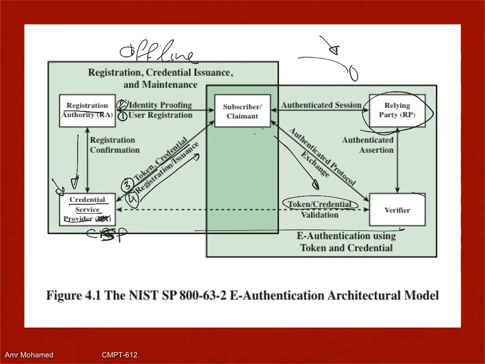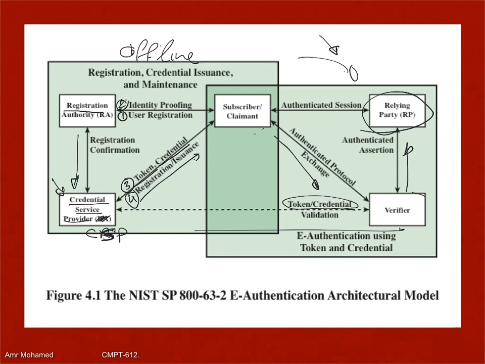So the subscriber and the verifier will get engaged in an authentication procedure to present the credentials and the token, and on the other side, the verifier will say, okay, this person is authenticated.